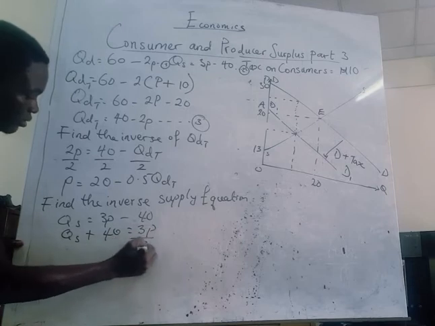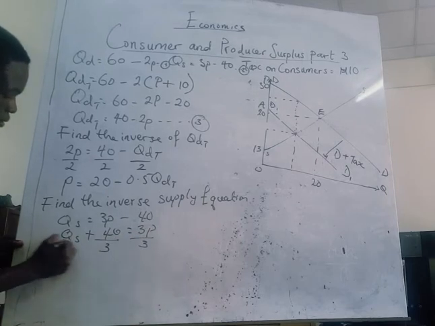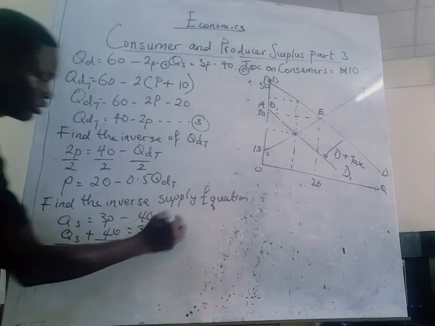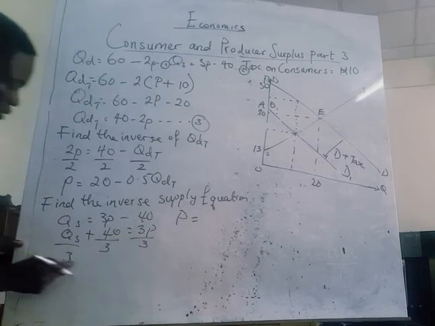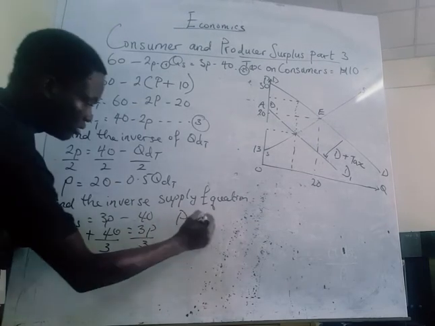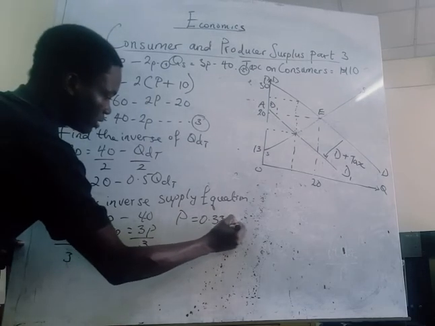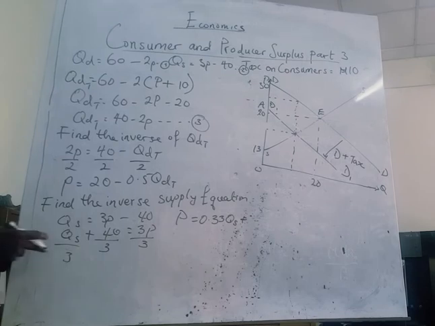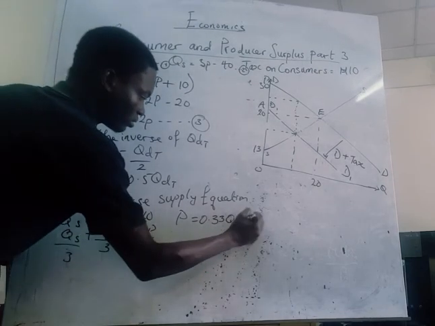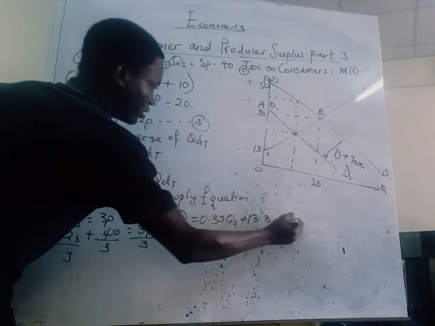We divide through by 3, so P equals 0.33 Qs plus 13.3. So this gives us equation 4.